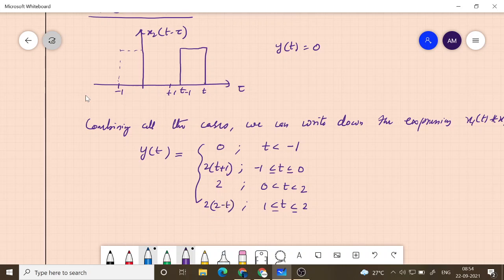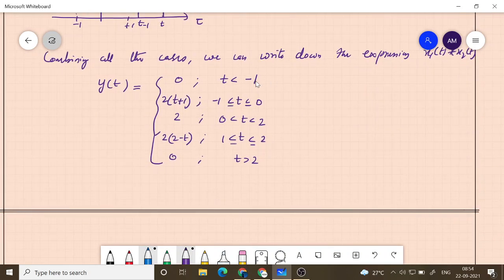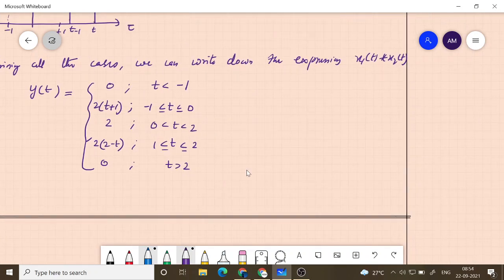And the last case is 0 where t is greater than 2. So these are the different ranges, and it covers the entire time axis. Less than -1, then -1 to 0, 0 to 1, 1 to 2, and now we can plot this function very easily. This plot is with respect to t, and this is my y of t, which is equal to x1 of t convolution x2 of t.